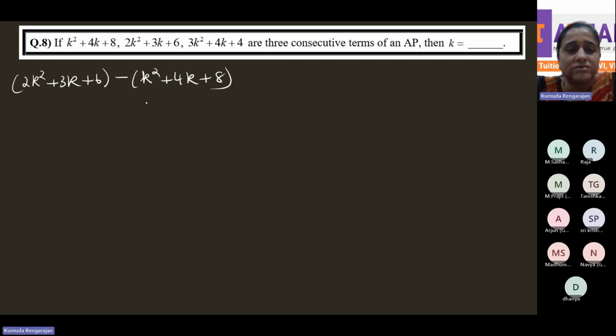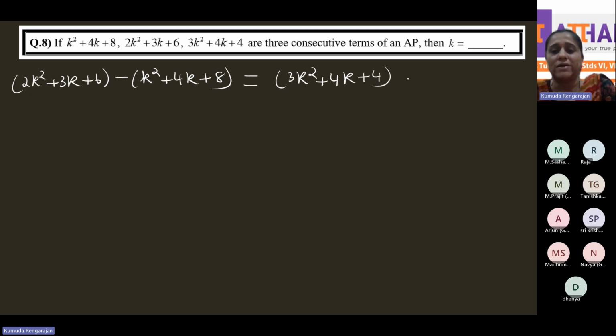Any term minus its preceding term will give us a common difference. This is equal to 3k squared plus 4k plus 4 minus its preceding term, 2k squared plus 3k plus 6.